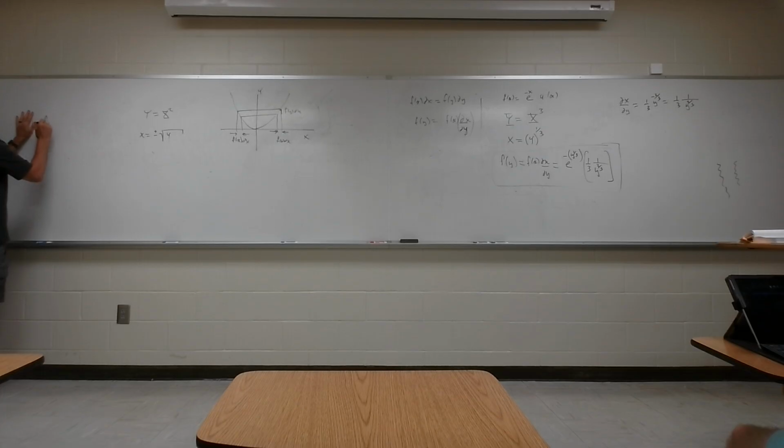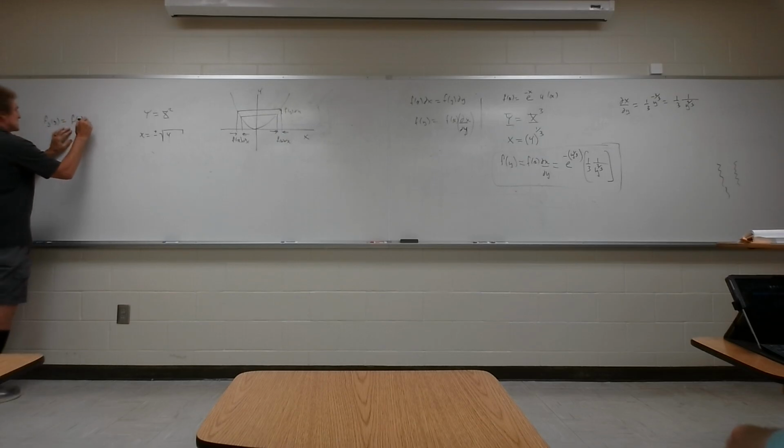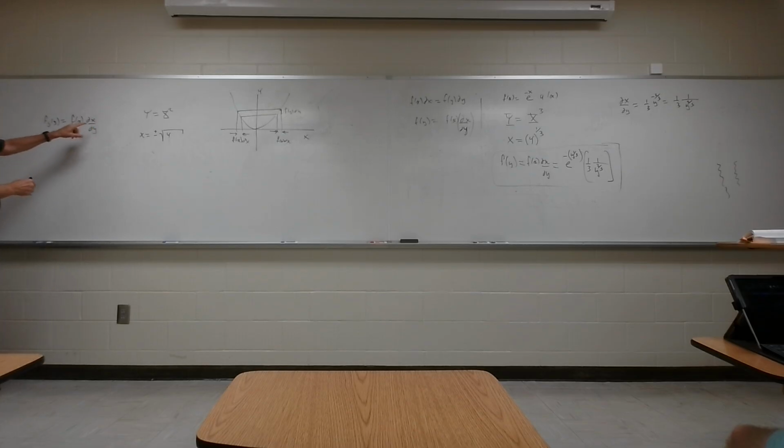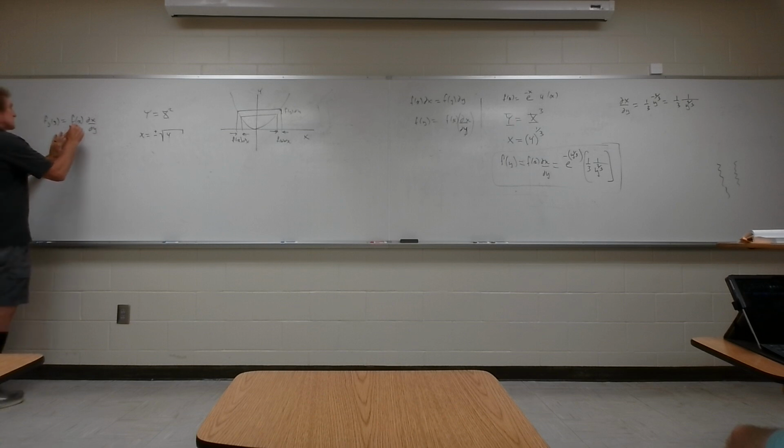So f of y in general is going to be f of x times dx dy. But in fact, what it has to be is the absolute value of this.